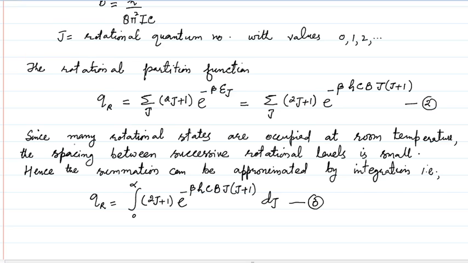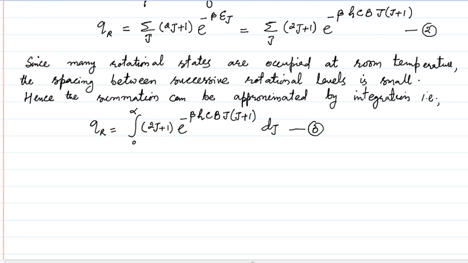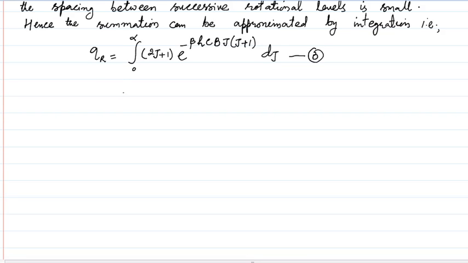So basically we have to evaluate this integral. This integral can be evaluated in the following manner. Suppose we will write first d upon dj with respect to the rotational quantum number into e raised to the power minus, first we will solve this exponential part here, h c B j into j plus 1.